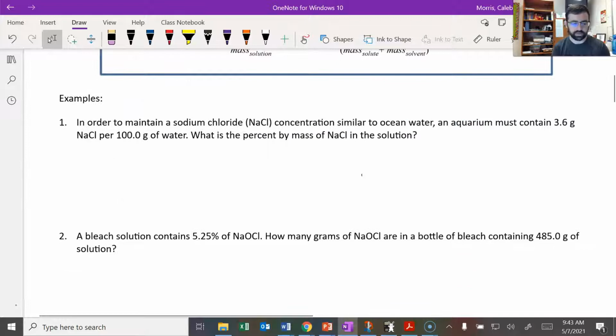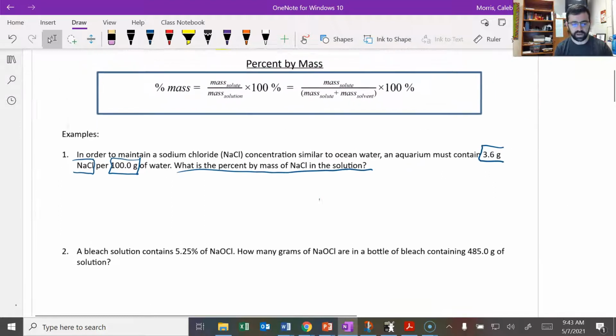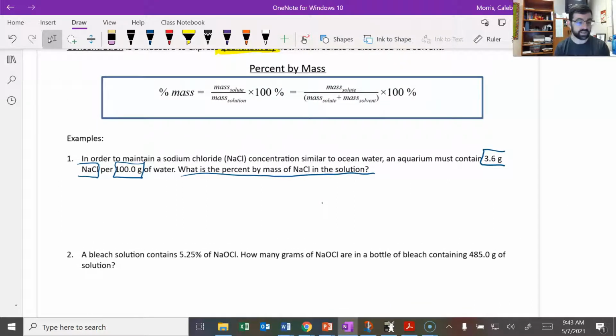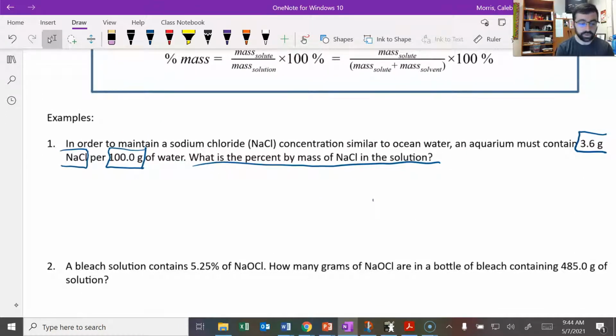So here's an example down here. In order to maintain a sodium chloride concentration similar to ocean water, an aquarium must contain 3.6 grams of NaCl per 100 grams of water. What is the percent mass of NaCl in the solution? Well, if we have 100 grams of water and 3.6 grams of NaCl, then my mass of solution, that's the part, remember, if we want to find the percent, that's what I'm looking for, we need to have the mass of the solute.